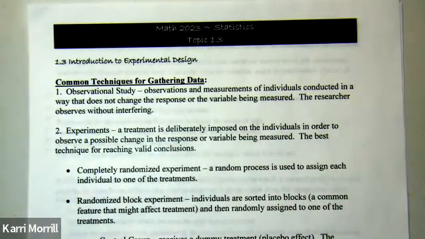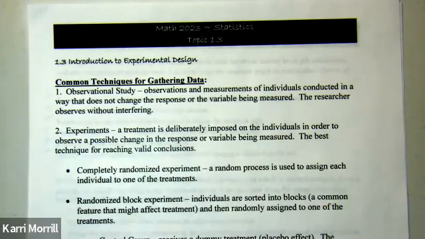The researcher observes without interfering. Another technique is experiments. You hear about experiments a lot, especially in the medical world, but that would be a treatment that's deliberately imposed on the individuals in order to observe a possible change in the response or variable being measured. The best technique for reaching valid conclusions would be to experiment.